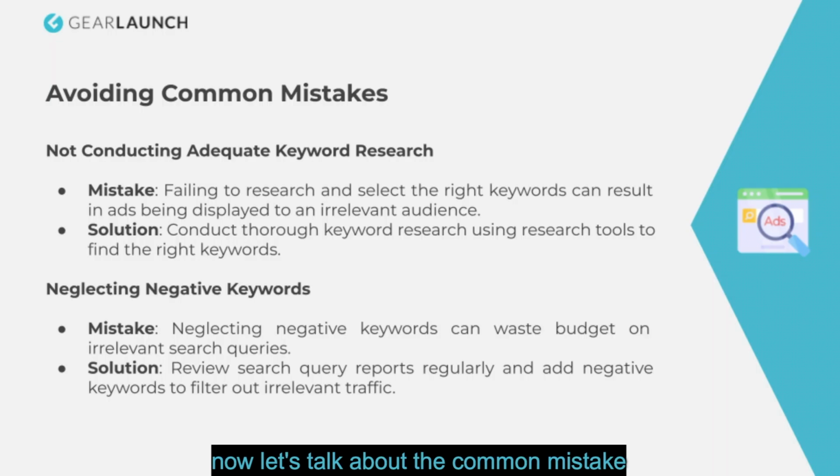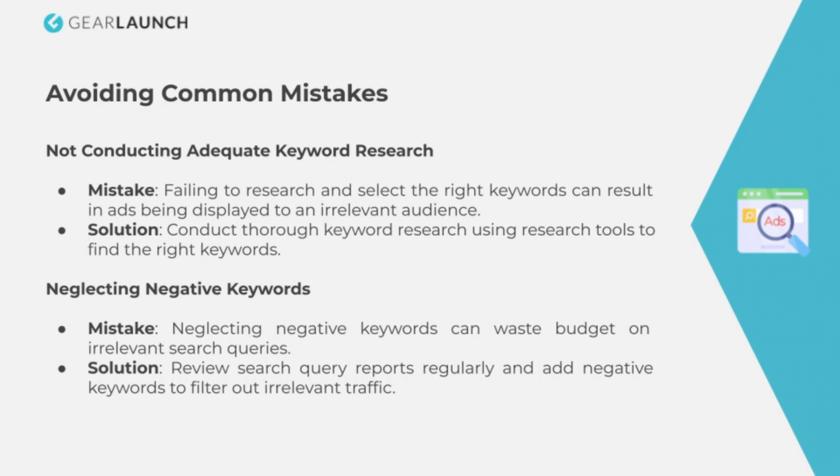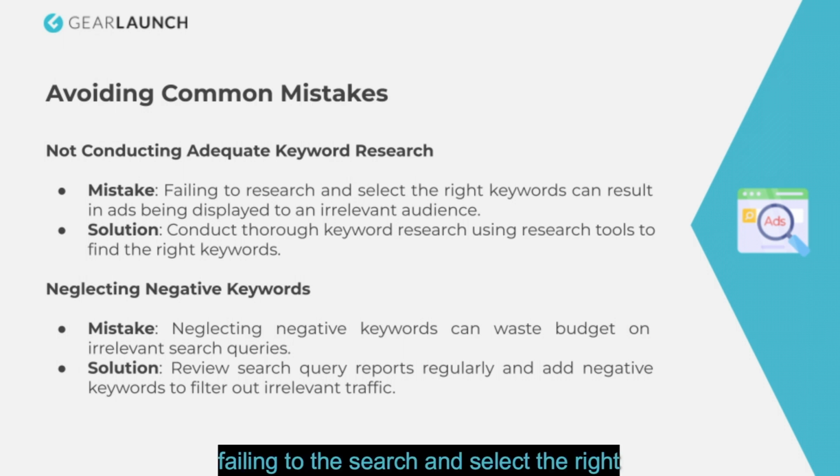Now let's talk about the common mistakes people usually make when they are running Google Ads. The first mistake is not conducting adequate keyword research, meaning failing to research and select the right keywords.